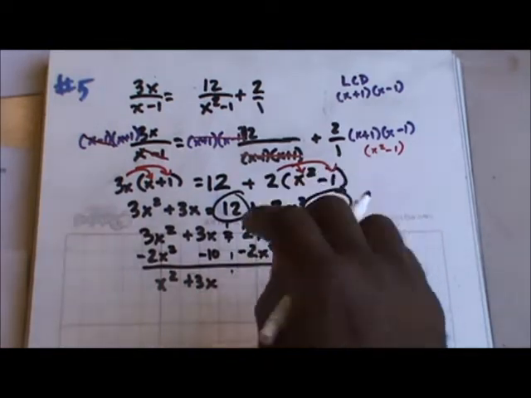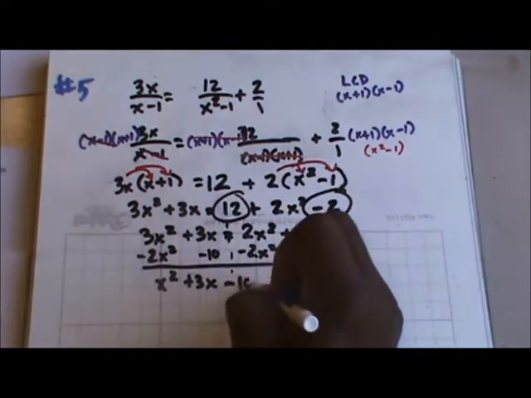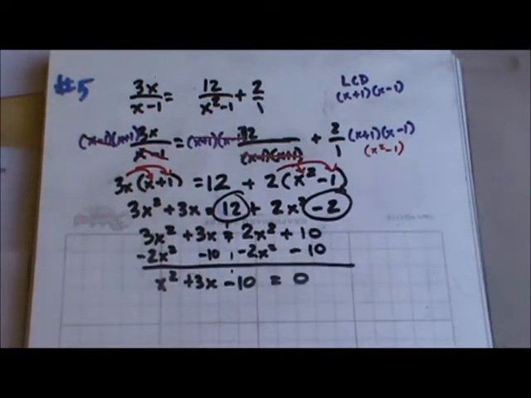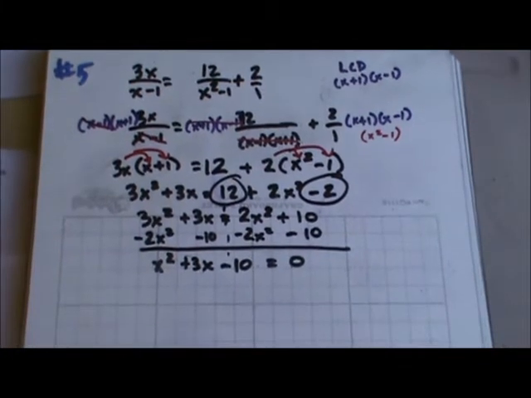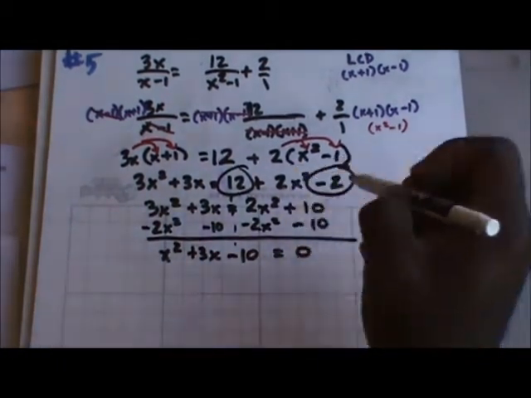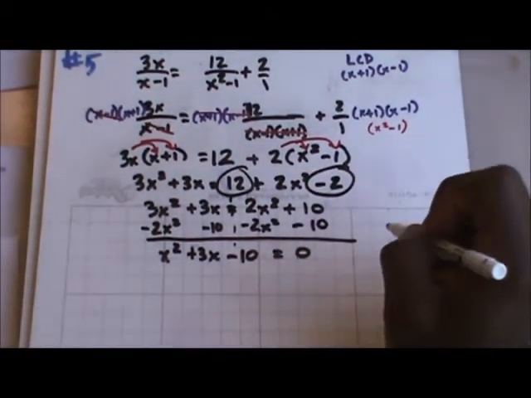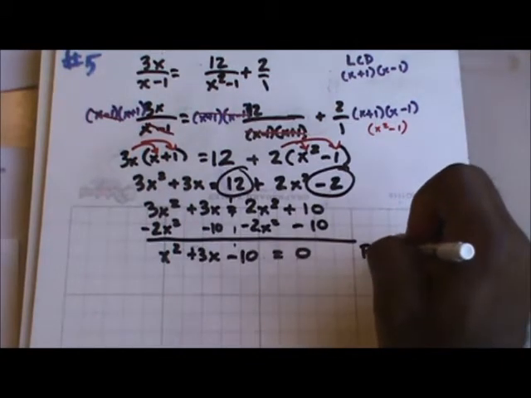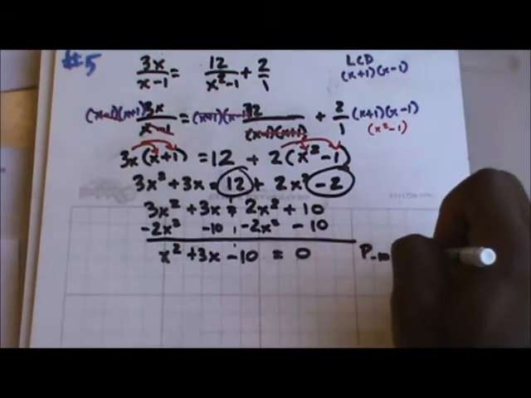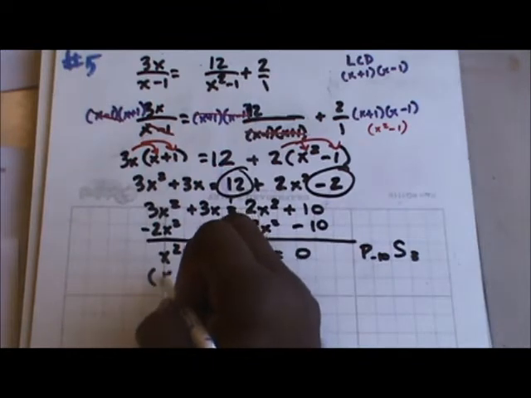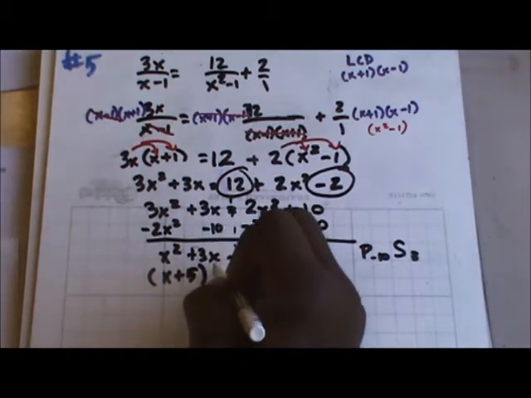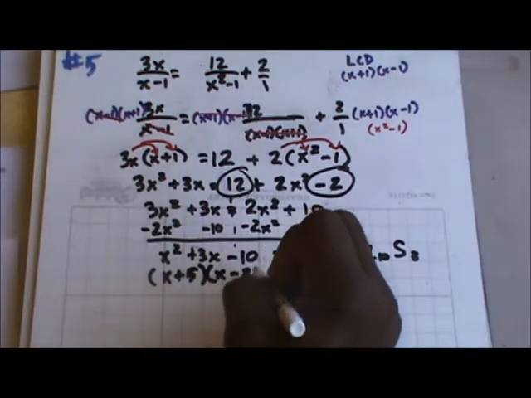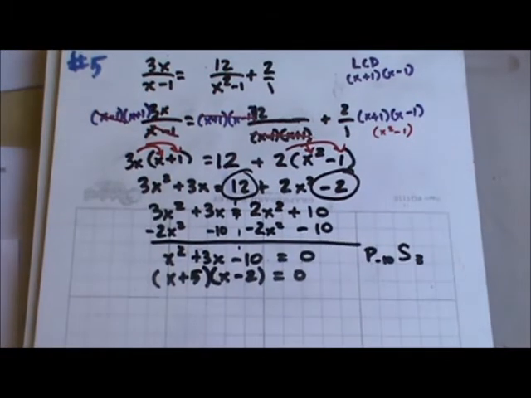If we're careful, we get minus 10 is equal to 0. Now it looks like we need to factor. We're looking for two numbers with a product of negative 10 and a sum of 3. That would be x plus 5, x minus 2 equals 0.